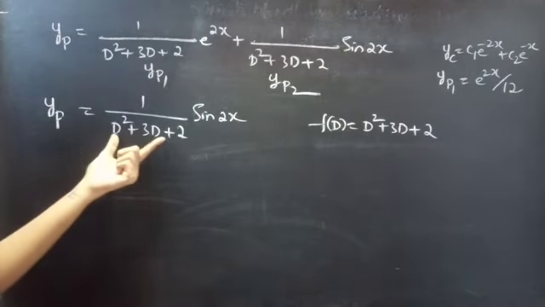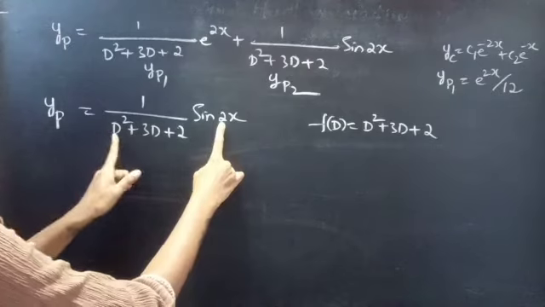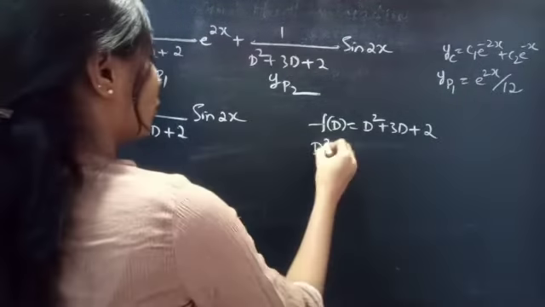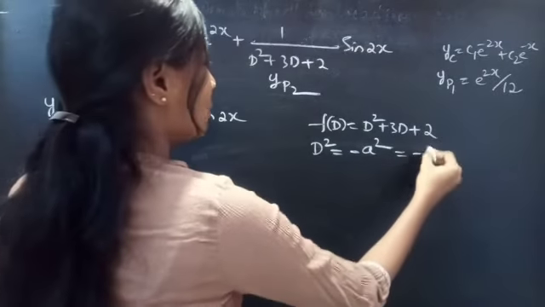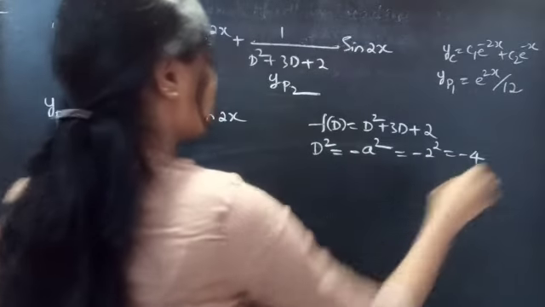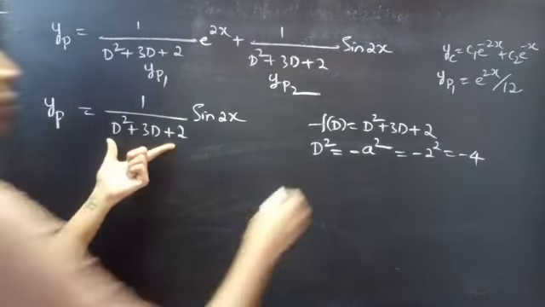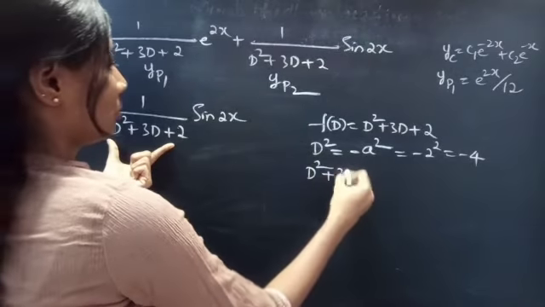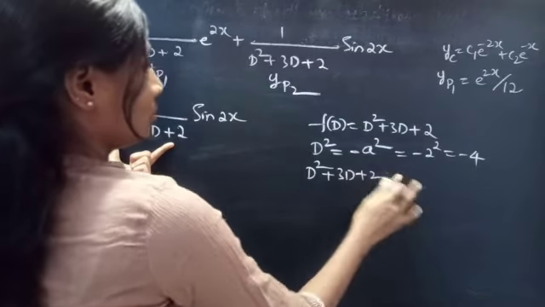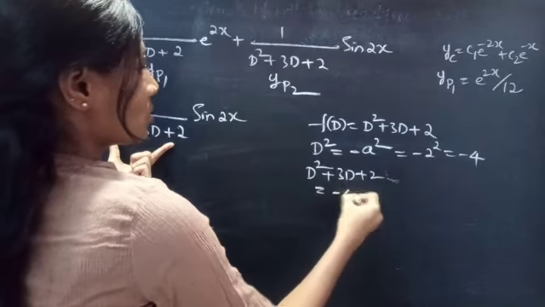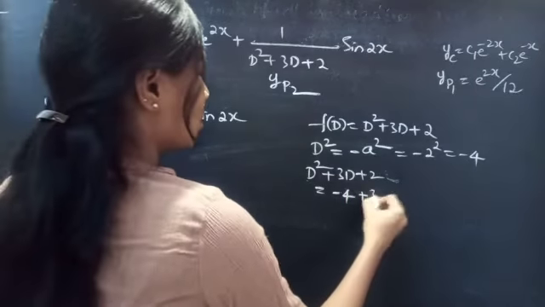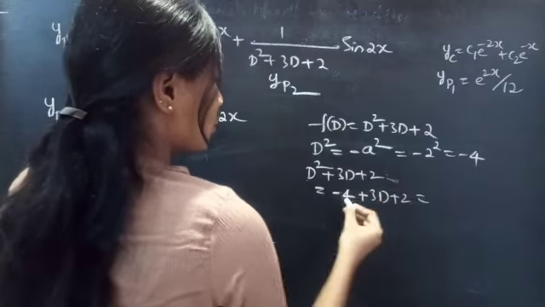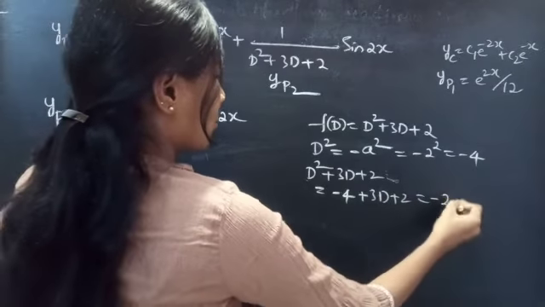Now let's see what happens if we replace D square by minus a square. For a equals 2, you get minus 2 square, which is minus 4. Simply replace D square by minus 4 and see what you get: minus 4 plus 2 is minus 2, plus 3D.